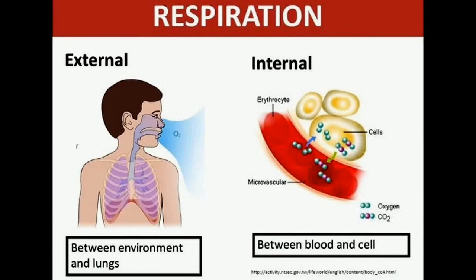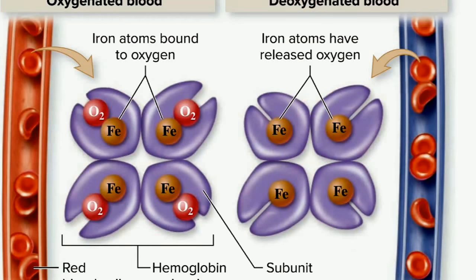Now internal respiration. Oxygen enters into the blood, and then oxygen is transported by red blood cells. As we know, hemoglobin is a protein and pigment which is present in RBC.